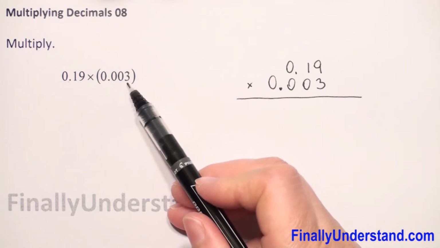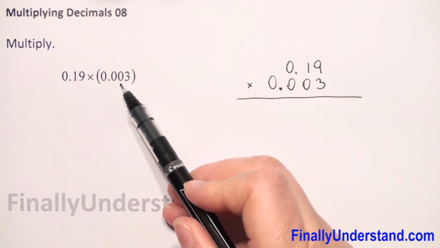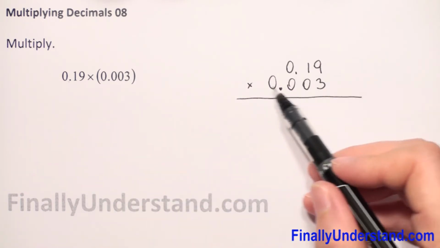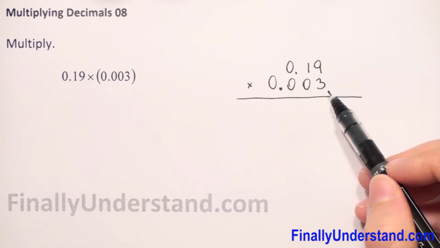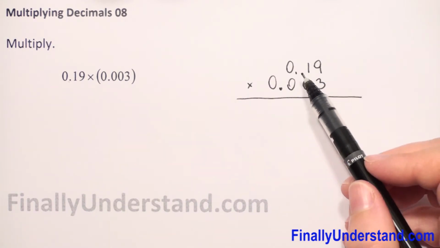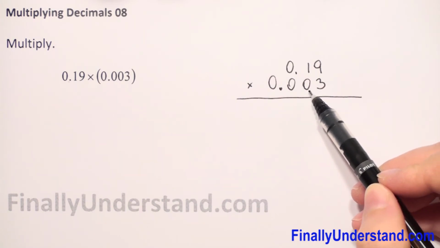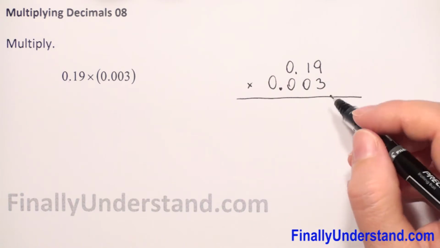Because in the second factor I have only one digit different than zero, it will be easier to do multiplication. That's why I write the factor 0.003 in the second row, and now I have to multiply every digit in the first row by 3 only, because when I multiply by 0 it will be 0, so I don't have to do this.